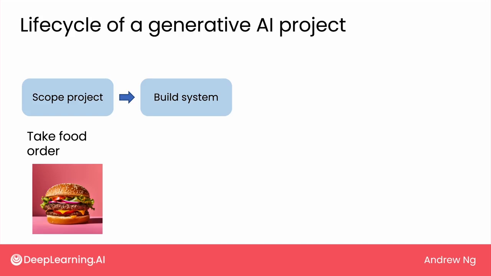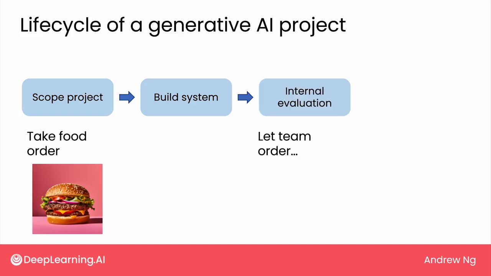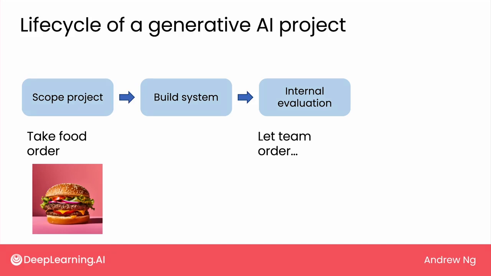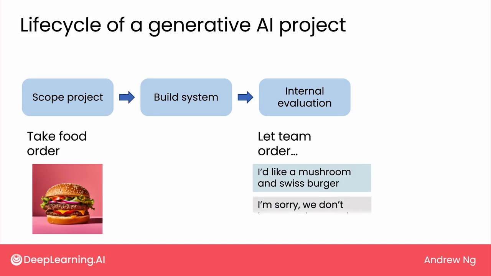Then, because we don't know how well this is doing, you might let your internal team try it out and place different orders and see how well it does. And sometimes it will generate good responses, like asking, do you have pickles on that cheeseburger? And it'll ask if you want some. And sometimes it will give an unexpected poor response, such as, if you do have mushrooms on your burgers, but for some reason, the chatbot says, I'm sorry, we don't have mushrooms.